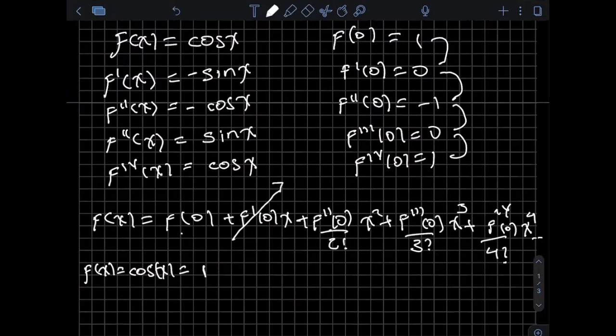So this term will be 0 because, as you can see here, this is 0. So I don't need to write it.